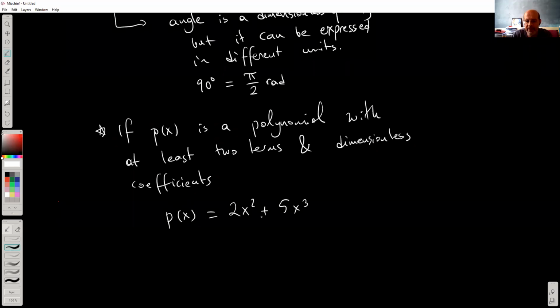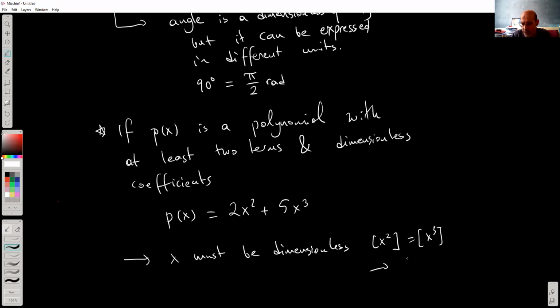There are at least 2 terms, but the coefficients should also be dimensionless. In that case, x must be dimensionless. Obviously, it's the same argument. For most functions, the dimension of x squared should be the same as the dimension of x cubed. So from here, you can deduce that x must be dimensionless.